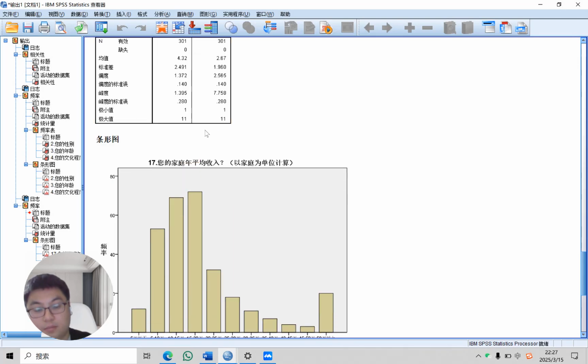Next, we will conduct a correlation analysis, which represents the linear relationship between two variables.